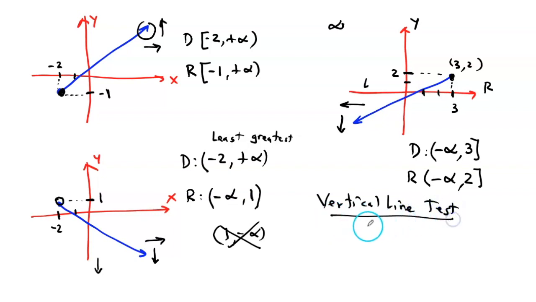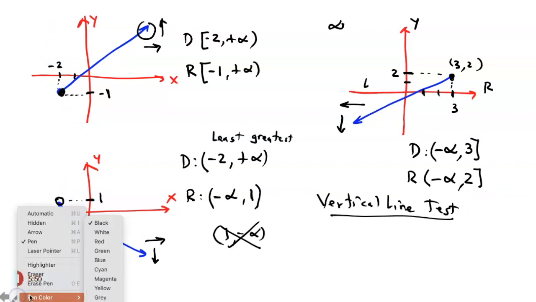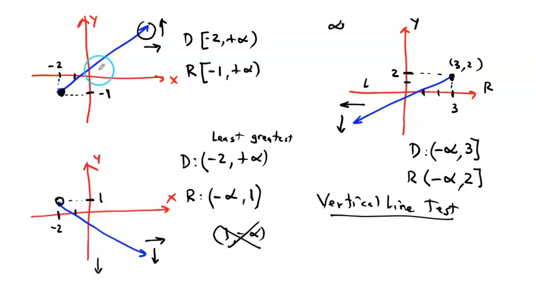What I want with the vertical line test is I'm going to draw vertical lines through my graphs. You see that I'm touching at only one point, the blue line, which is my graph. Then this is a function.